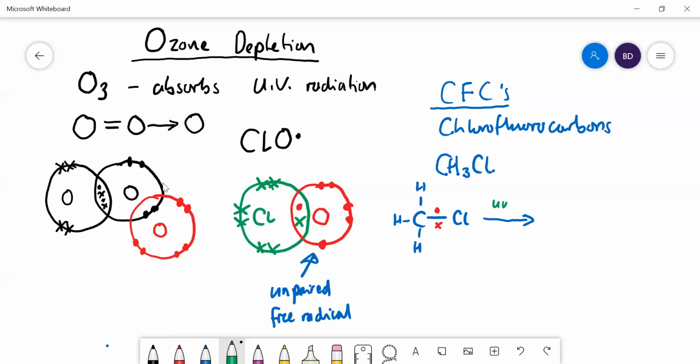So you'll make a methyl free radical, which we're not really interested in, but you form a chlorine free radical, and then this chlorine free radical can go on to cause some damage. This is called the initiation step.